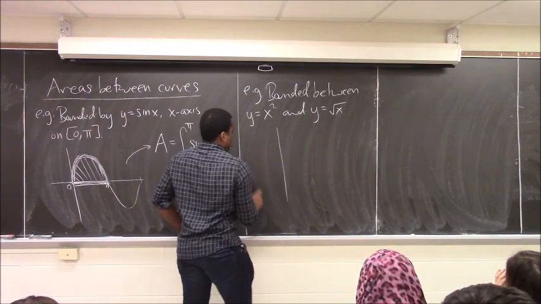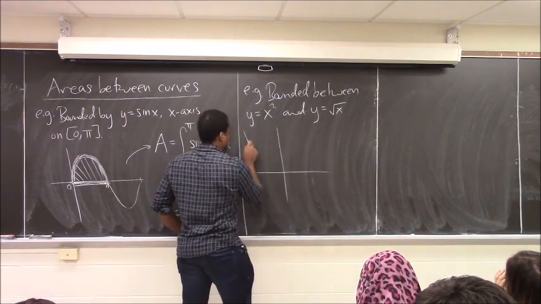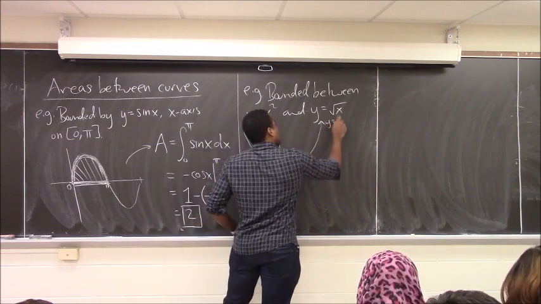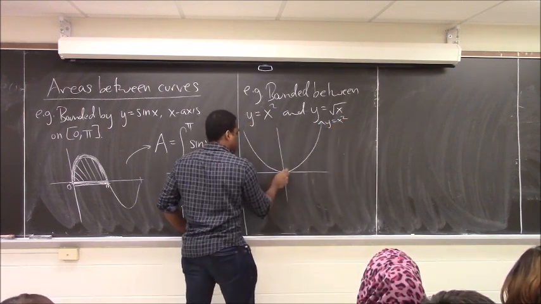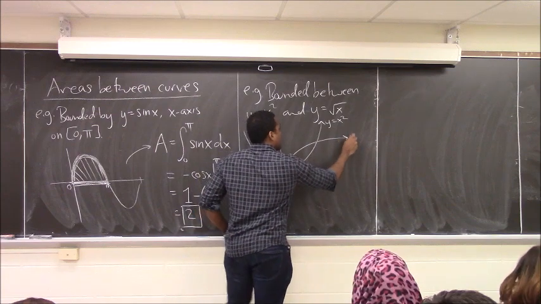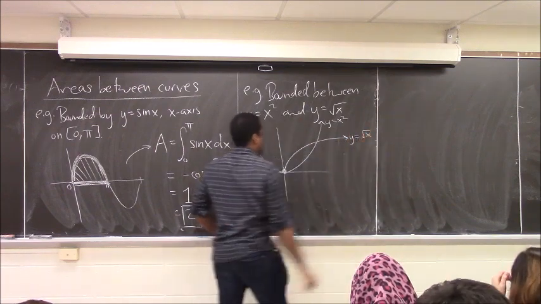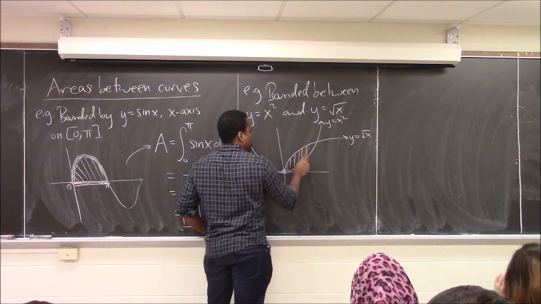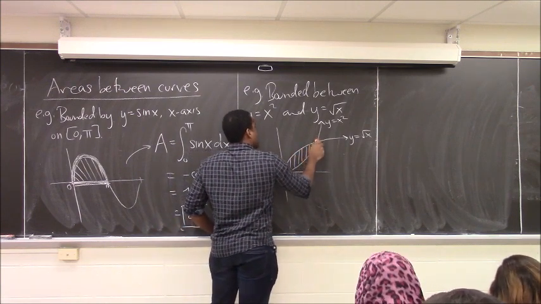So again, you can see what's going on here. I'm just sketching a little picture. So y equals x squared. Square root of x is like that. So the area we're talking about has to be bounded between both of them. It's going to be that guy.